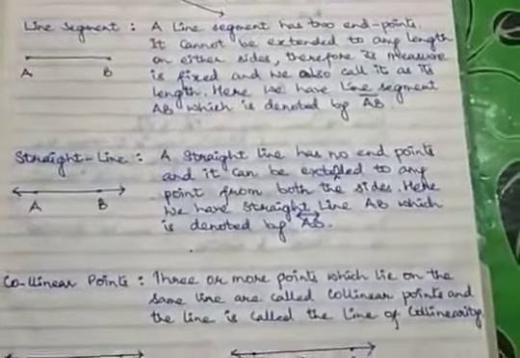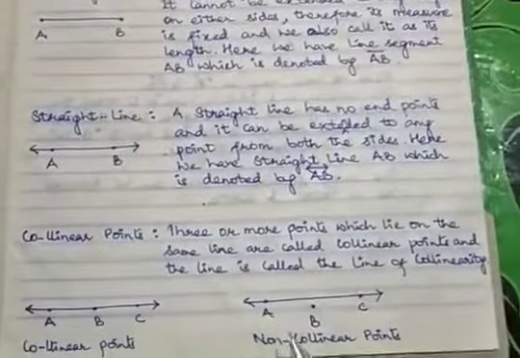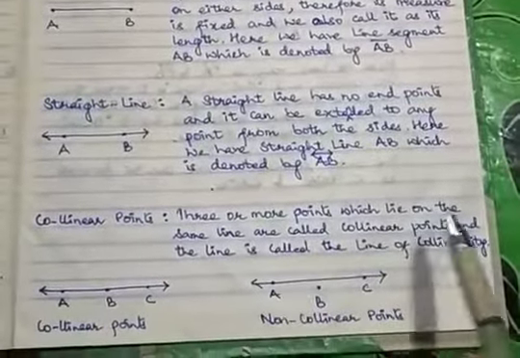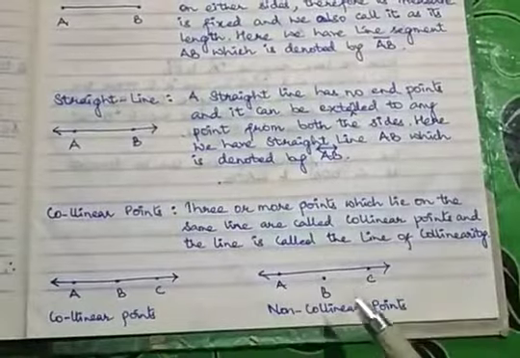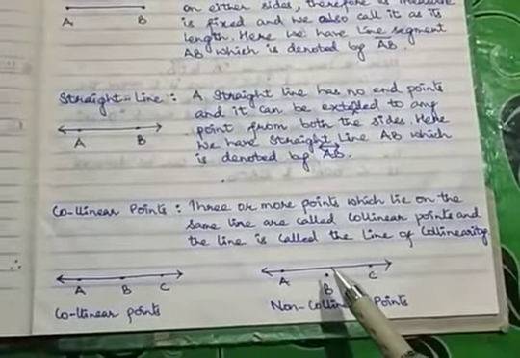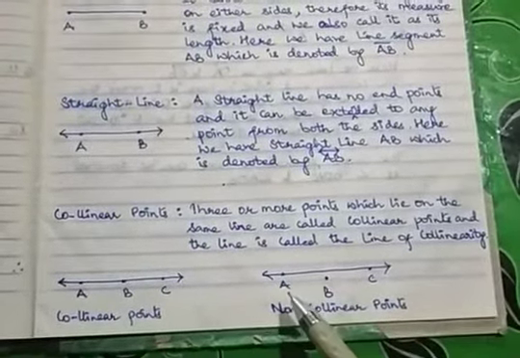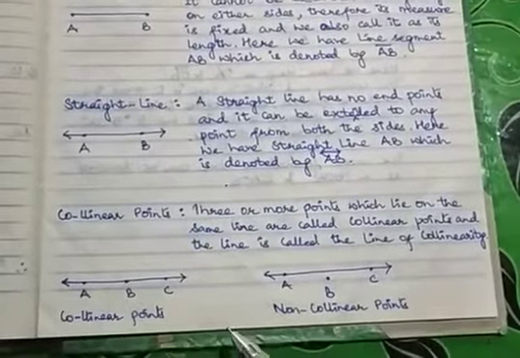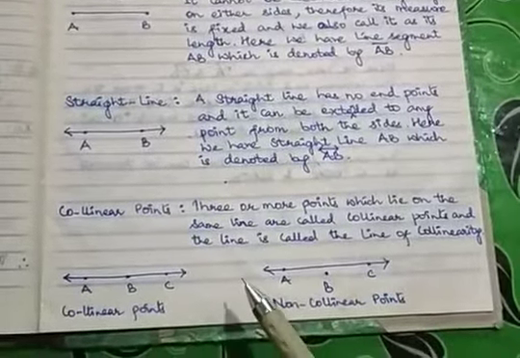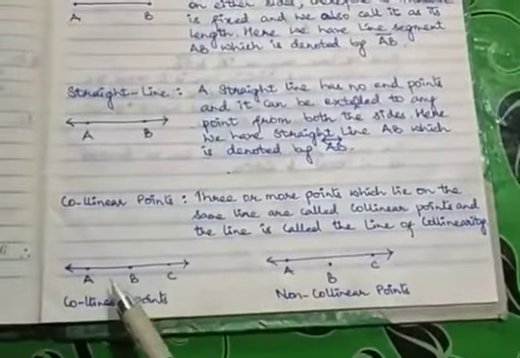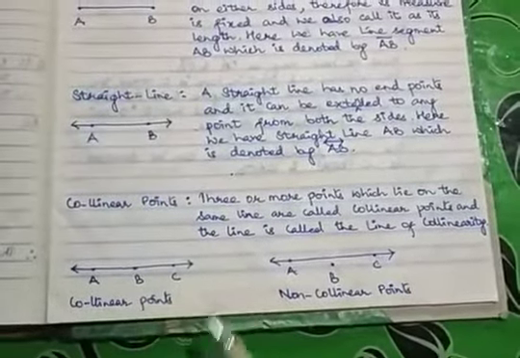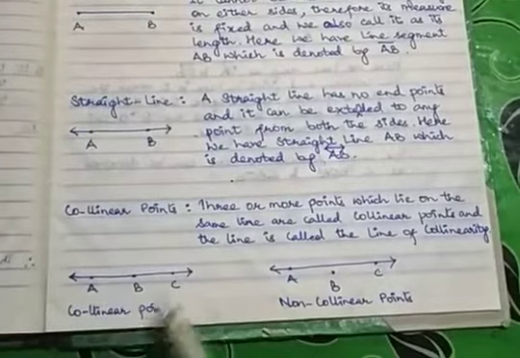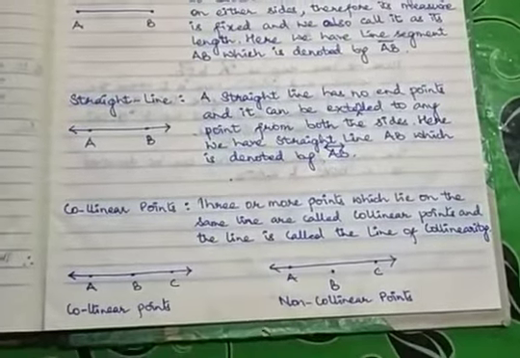Then after that come collinear points. For collinear points, 3 or more points which lie on the same line are called collinear points. Now you may say, sir, if a line consists of all the points, then obviously they may be collinear. For example, on a straight line I have marked 3 different points, A, B and C, and I have written collinear points.